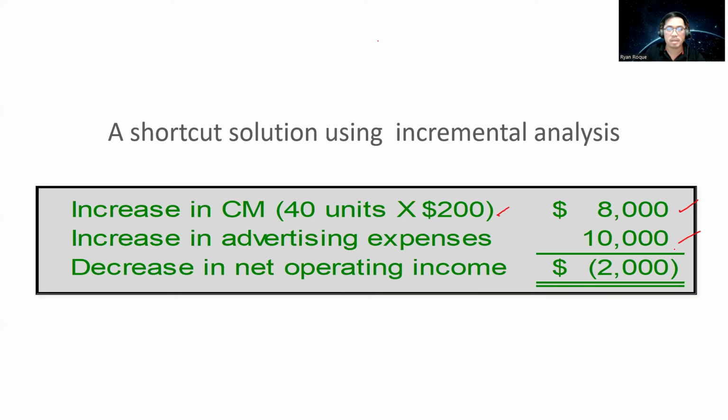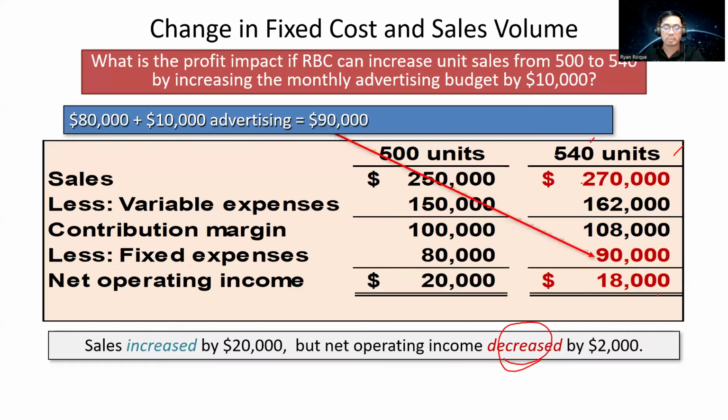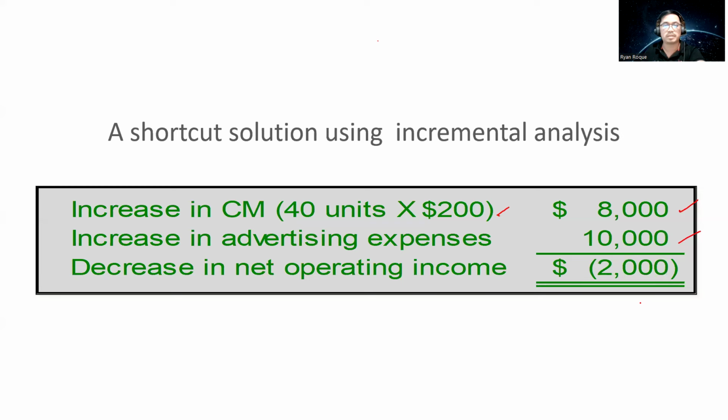So all in all, because there is more increase in the cost compared with that of the revenue, we will be having a decrease in net operating income of $2,000. We can use this shortcut, or you can just use the usual way of preparing another income statement to look at the new income and compare it with the current scenario. Okay, so let's continue.